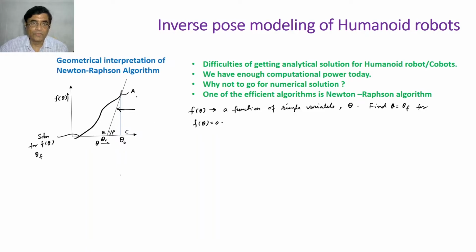Okay, so how to move, how to formulate that algorithm? Let us consider a point A, let us consider the theta initial value equal to theta 0, and at theta 0 the functional value is f theta 0. Okay, so this is the functional value, right?